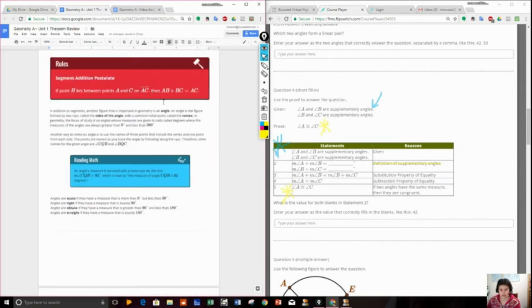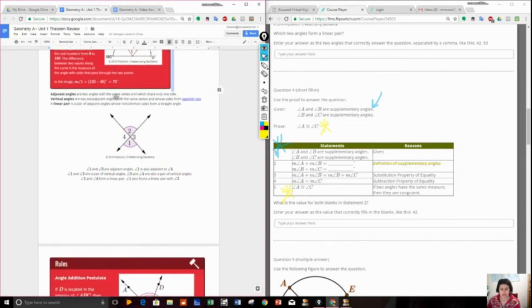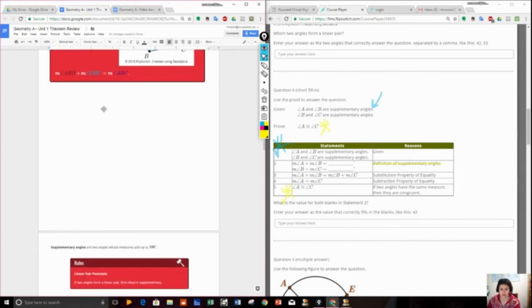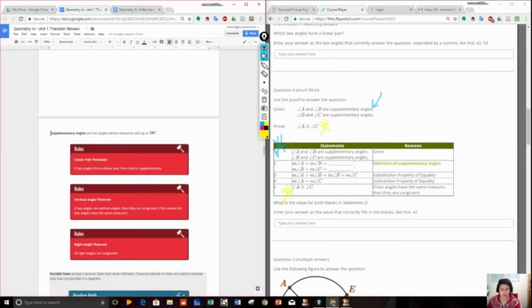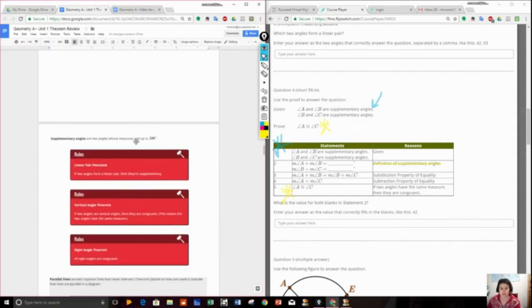This is kind of what we're talking about, but we're talking about angles, so it's not segments. And we need to find more angles. So here's the angle addition postulate. And below that it says supplementary angles are two angles whose measures add up to 180 degrees.